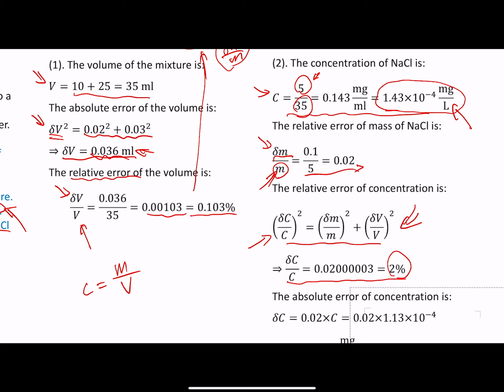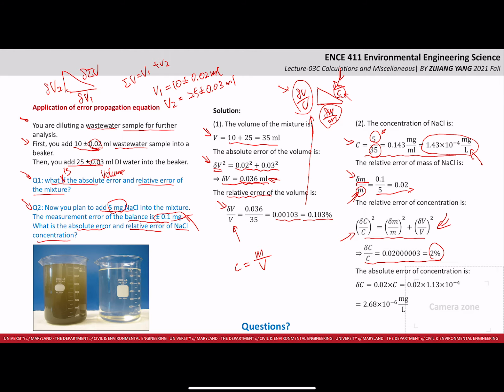And here I want to show that we can say the relative error of concentration is this one. This is very slightly greater than this one. So this is the relative error of the mass, and this is the relative error of the volume. We can see that if we have 2 components, and the relative error of one component is substantially greater than the other, this one is pretty small relative to that one.